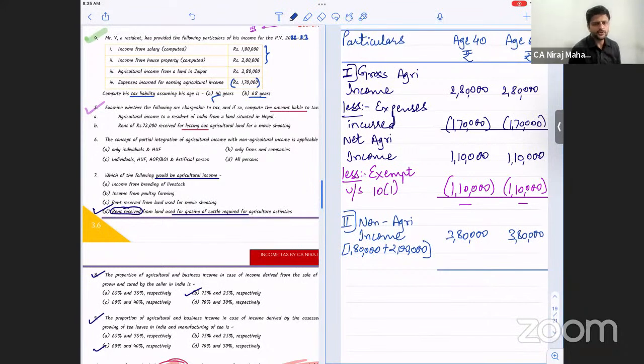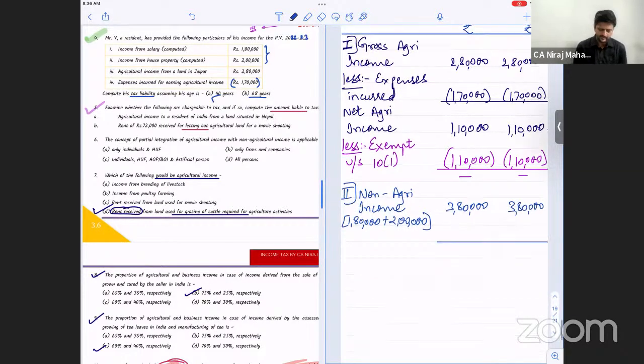What can I reduce from gross total income? Chapter 6A deductions. I hope this much is okay till you. Have they given you anything about chapter 6A deduction, section 80C etc. in the question? No. So in the current case, my GTI is also my NTI. Okay or no? So you will say, why can't we write NTI? We can write NTI.